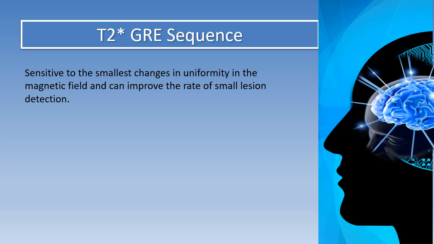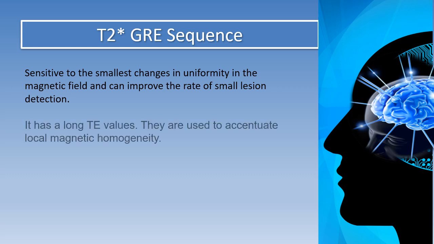T2 star has the ability to detect these structures which cause this inhomogeneity of the field, because it has a long TE value, so it can accentuate the local magnetic heterogeneity or inhomogeneity.